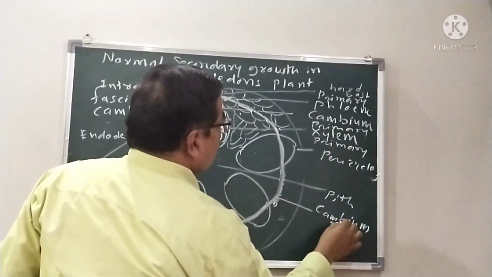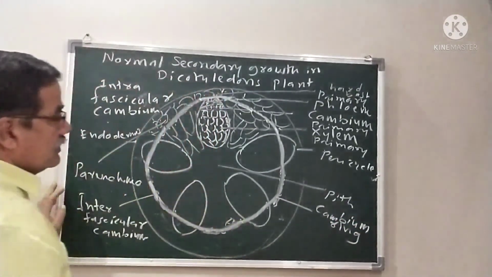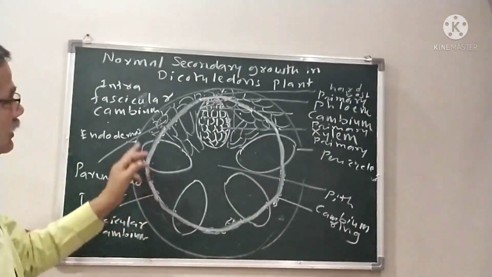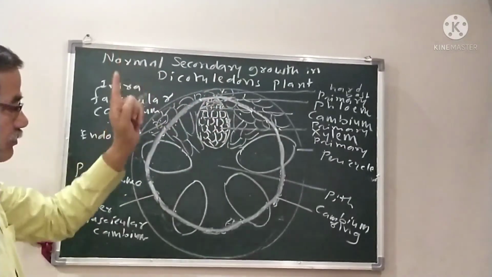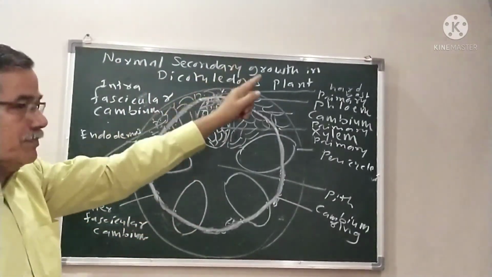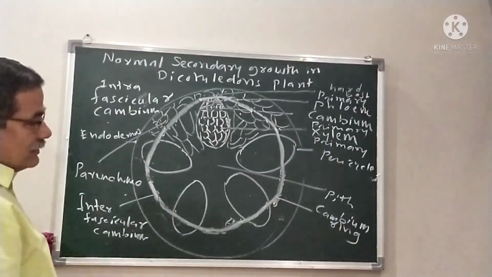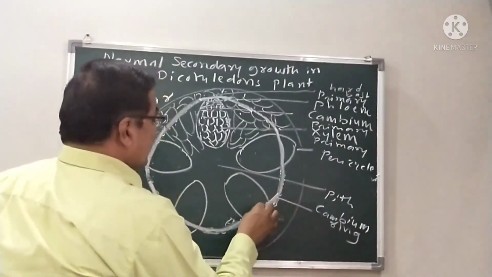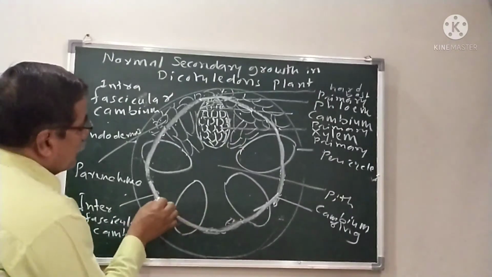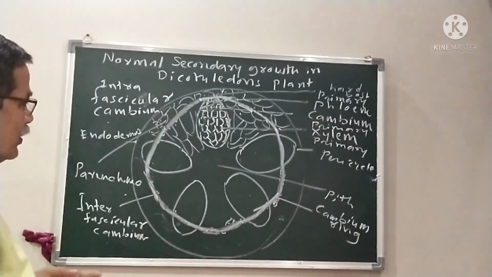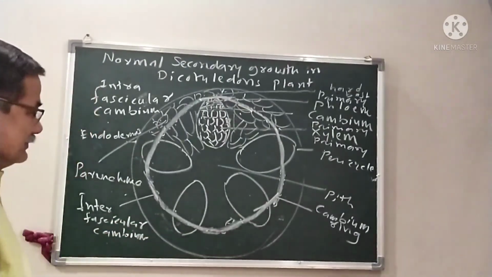This cambium ring formation in normal secondary growth is the first step in the development of secondary growth in the vascular cambium. Then this cambium ring, together with the interfascicular cambium and fascicular cambium, becomes very much active.